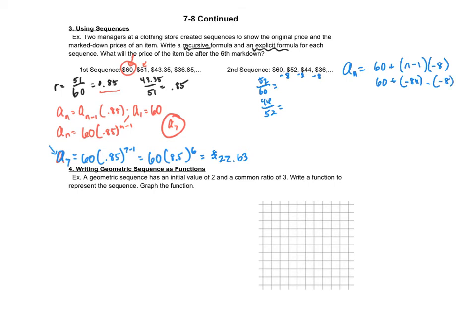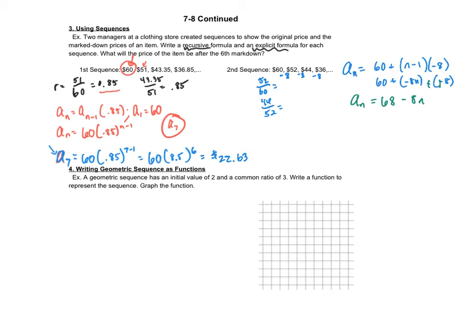So we have 60 plus 8 is going to be 68 minus 8n is what A sub n is going to be equal to.